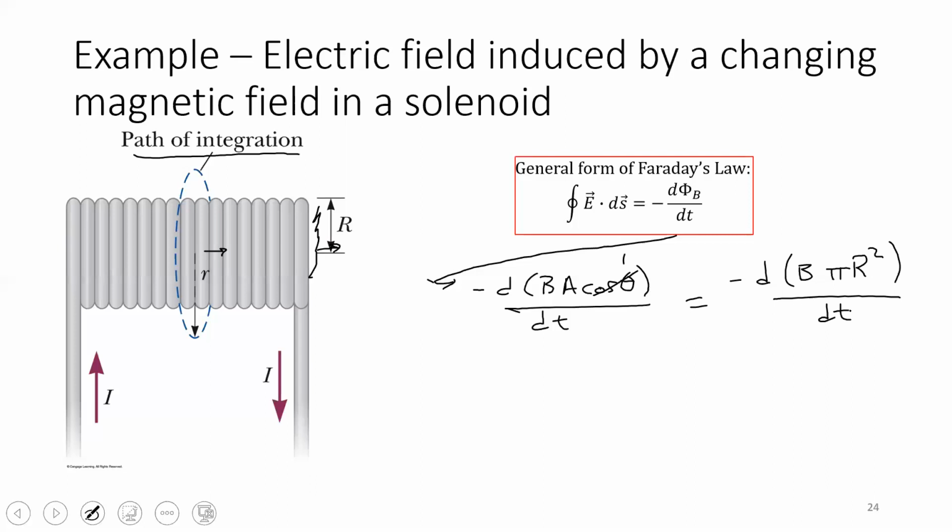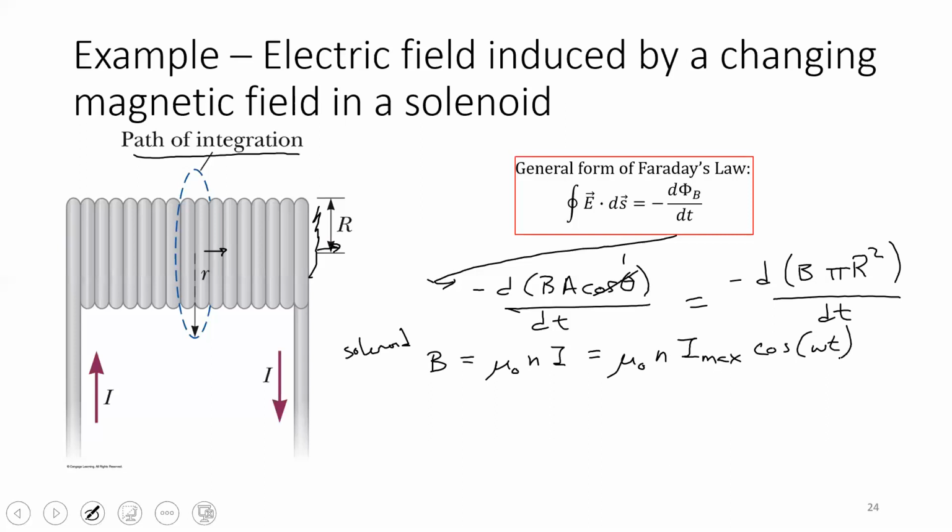So in our solenoid, the magnetic field looks like mu0 times a lowercase n, so remember that's the turns per unit length, times I. So mu0 times n, and in this case they give us that our current is changing with time. So our current looks like I max times cosine omega t.